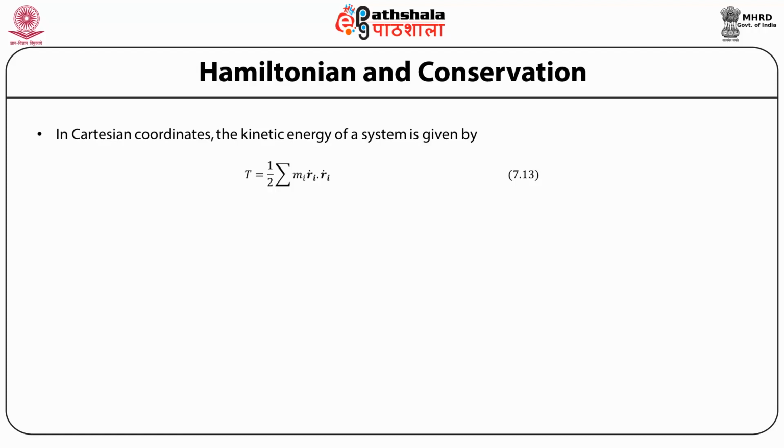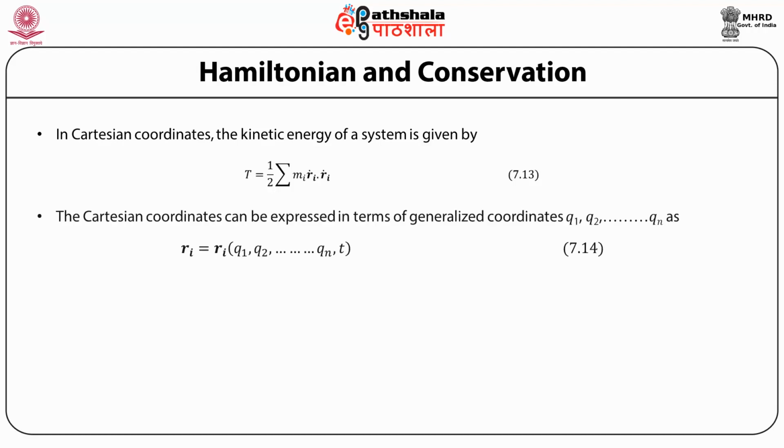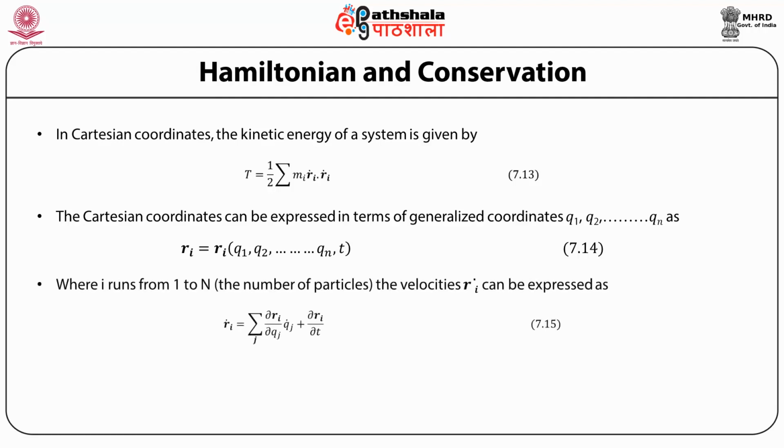One thing one must keep in mind here is that when we talk of the time derivative, the dot represents the time derivative and is not a partial derivative, it is a full derivative. The Cartesian coordinates can be expressed in terms of generalized coordinates q_1, q_2, q_n, etc. That is, the Cartesian coordinates r_i are functions of the generalized coordinates q's, where i runs from 1 to n, the number of particles.